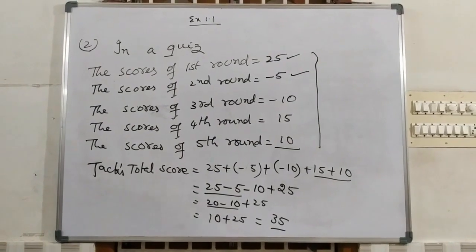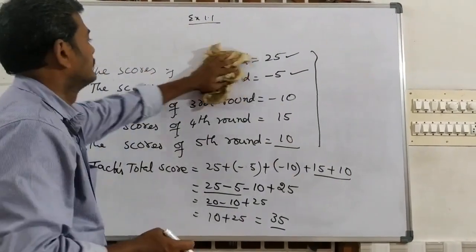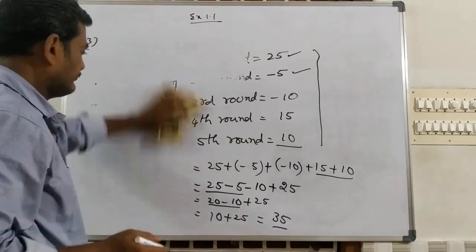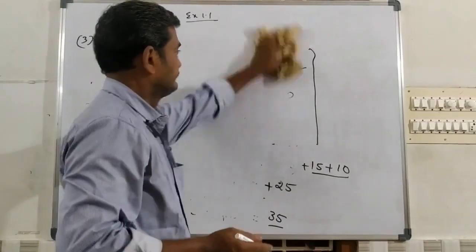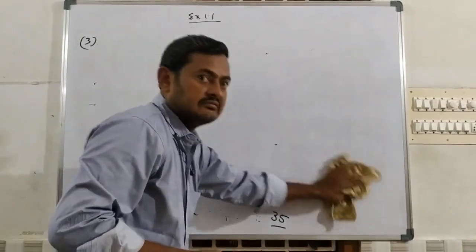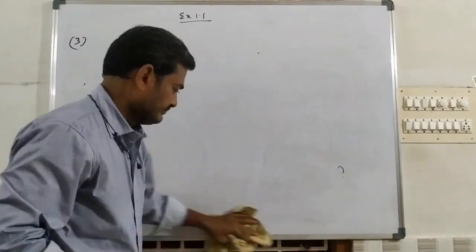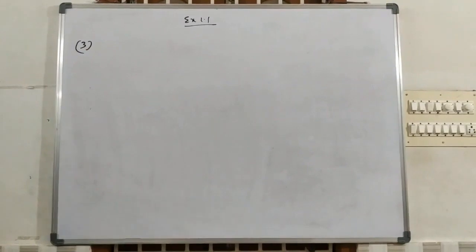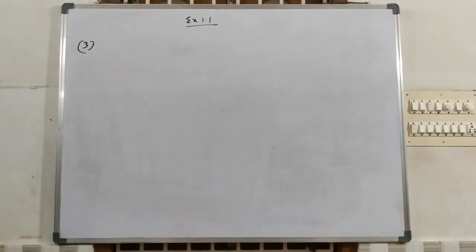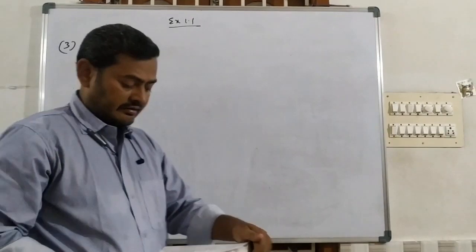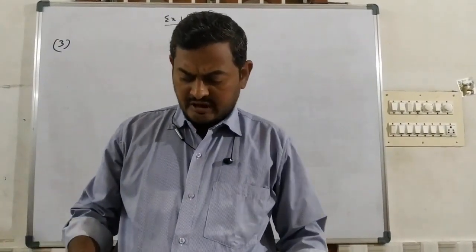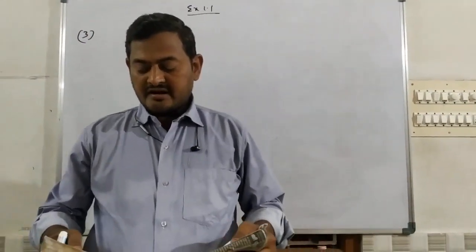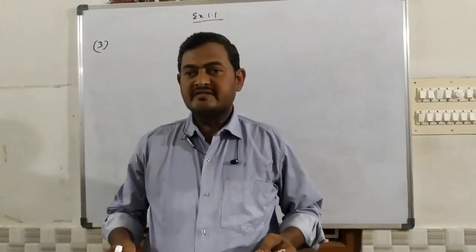Now let's go for the third question. At Srinagar, the temperature was minus 5 degrees Celsius on Monday, and then it dropped by 2 degrees Celsius.